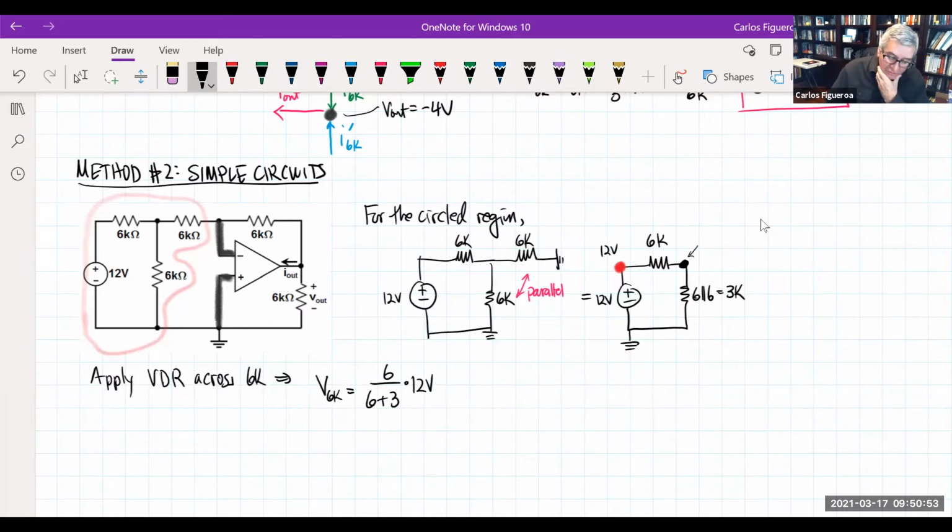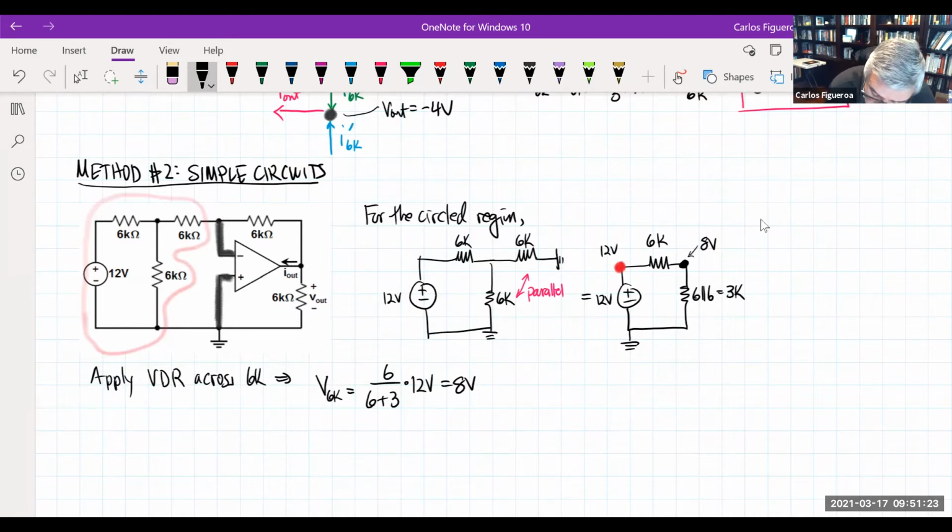So that's 2 over that, that's 8 volts, right? 6 over 9 is 2/3. Yes. So this is 8 volts, which means this node right here is 8 volts. That means the voltage drop across the 3 would be 4 volts. But we don't care about the voltage across the 3. We only care about that.